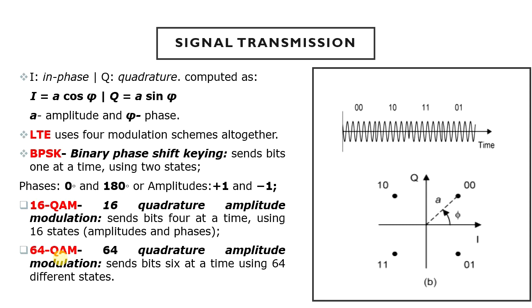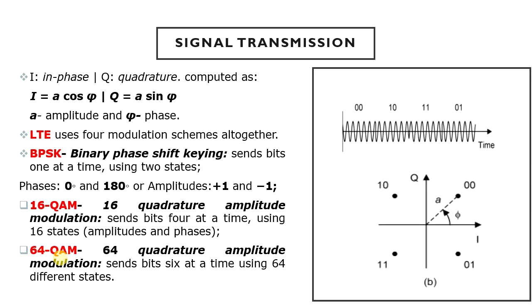Binary phase shift keying, BPSK, sends bits one at a time, using two states that can be interpreted as a starting phase of 0 degrees and 180 degrees, or as signal amplitudes of 1 or -1.